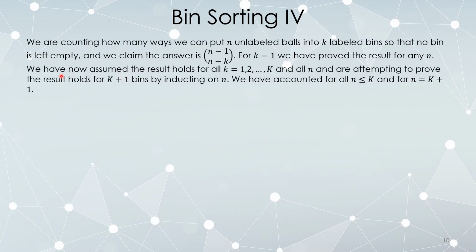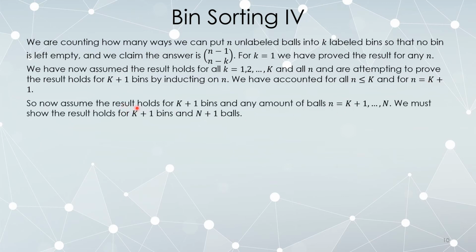So now we have assumed the desired result holds for all k up to capital K and all n. Now we're trying to show the result holds for capital K plus 1 bins by inducting on n, and we've accounted for a whole bunch of base cases, everything up to and including capital K plus 1. So now assume the result holds for capital K plus 1 bins and any number of balls up to a certain point.